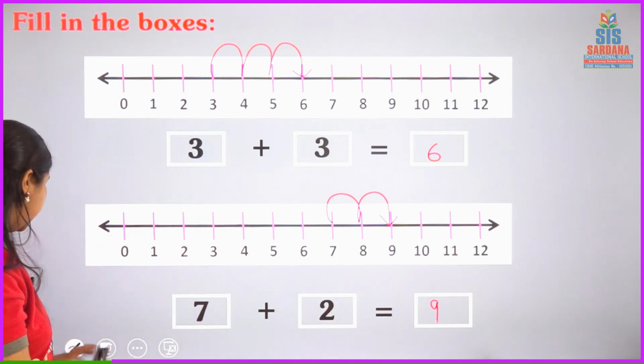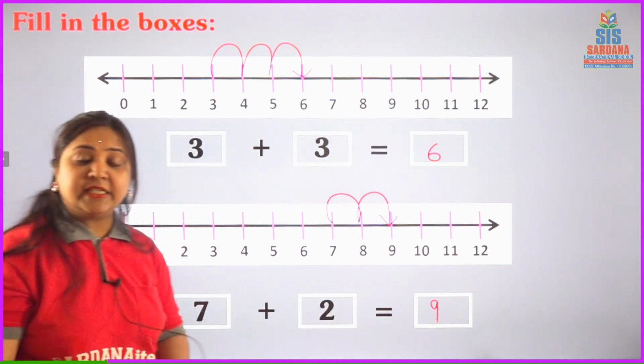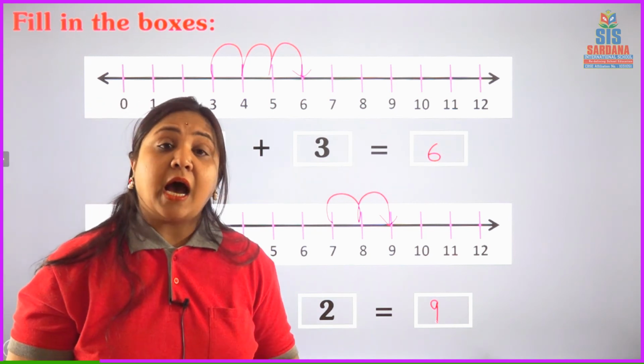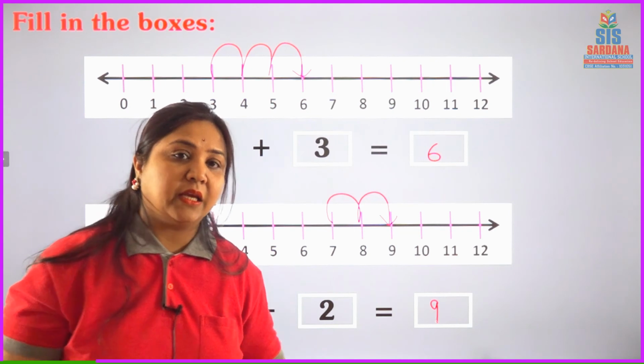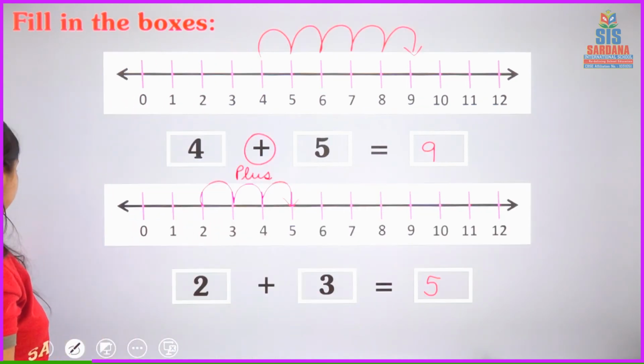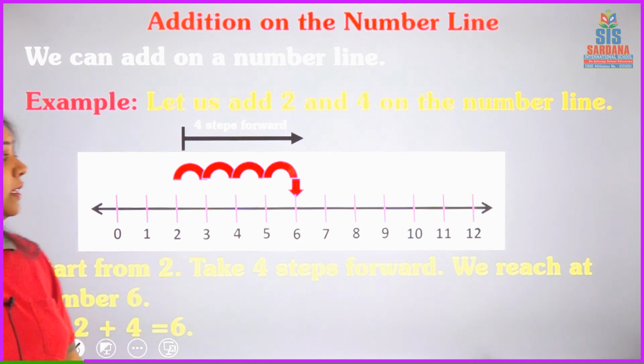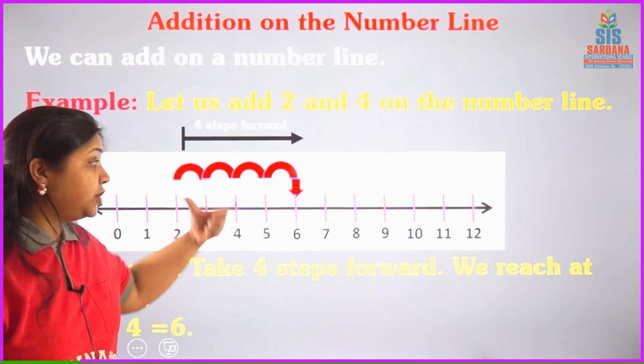So my dear children, if we do not have images, if we do not have pictures, in that case, how can we add the given numbers? This is showing you. See, addition on the number line.